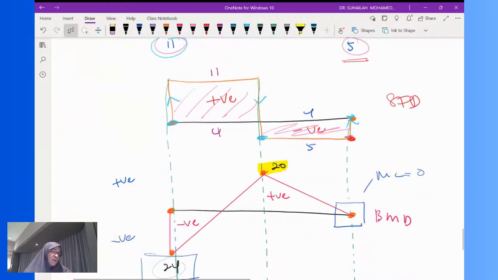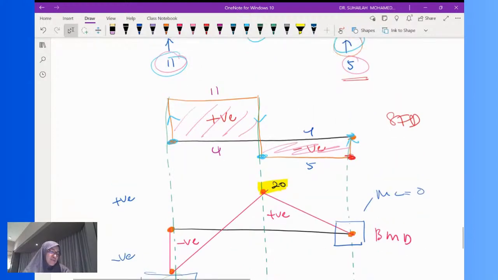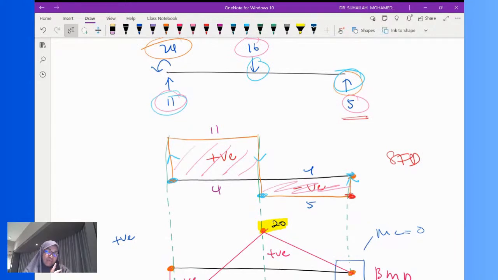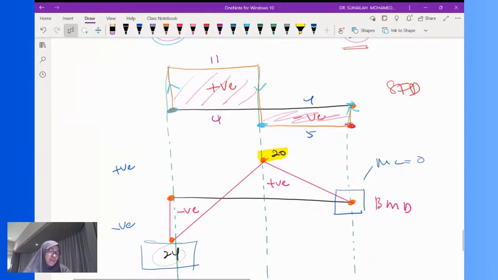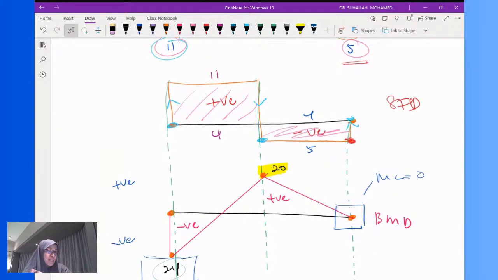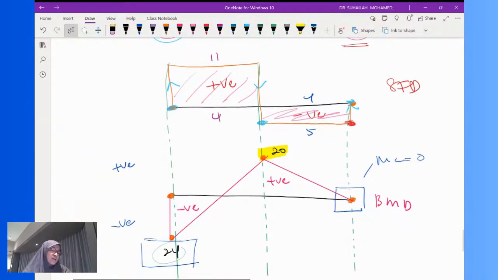For the moment, we start with the first moment at A, and then using the area of the shear force diagram, we can calculate the next point until the end. Since Cy is a roller, we should get moment at C equal to 0. So this is how the diagram looks like.